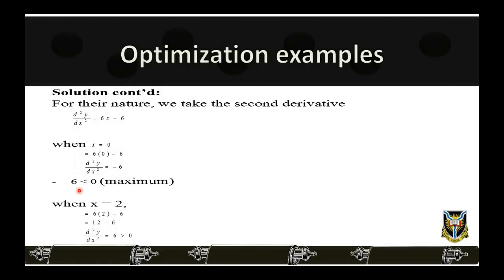Well, -6 is less than 0. When x = 2, 6(2) - 6 = 12 - 6, d²y/dx² = 6, which is greater than 0.